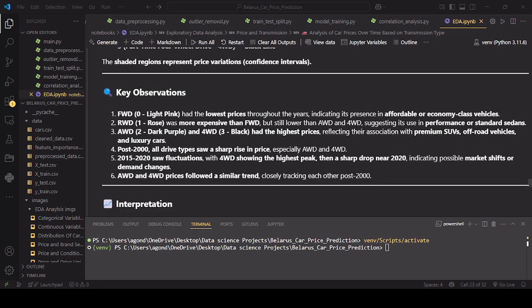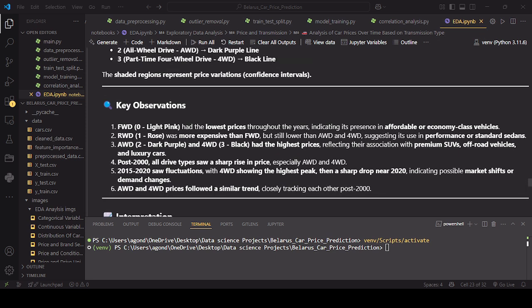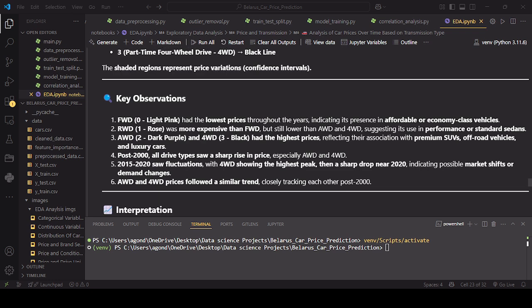And then we have all-wheel and part-time four-wheel as highest, indicating their association with premium SUVs, off-road vehicles and luxury cars.